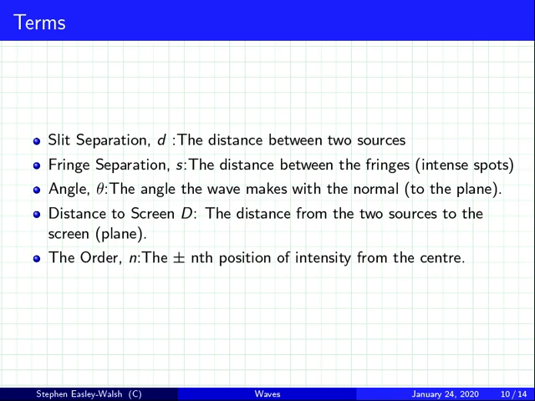So you have a completely symmetric right angle picture. So the light source would be at D over 2.